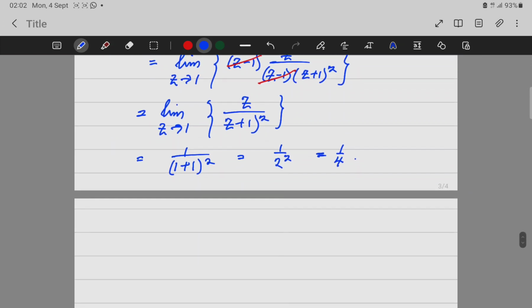Now, we calculate the residue at z is equal to minus 1. In this case, our k is equal to 2.